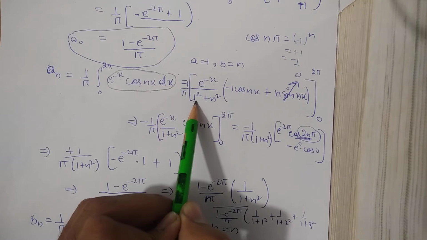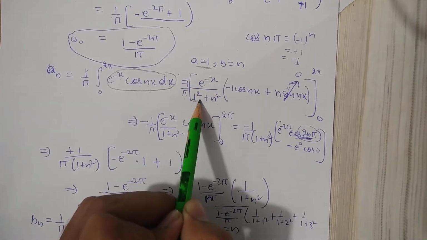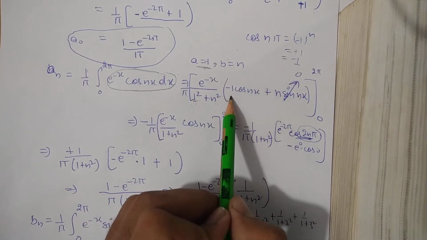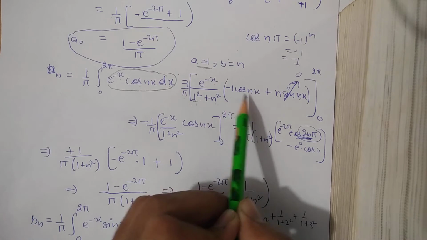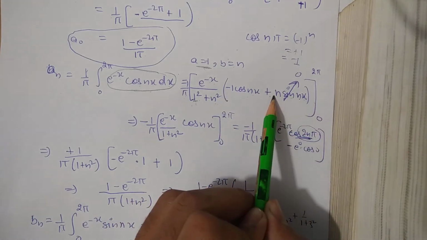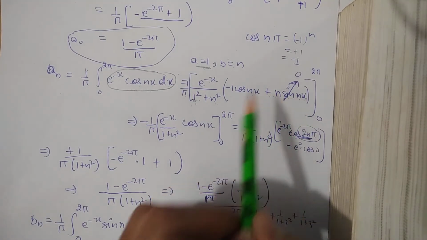Here a is minus 1, so a square changes into plus 1, and b is n, so n square. Here a cos bx is minus 1 cos nx, plus b sin bx, so n sin nx.